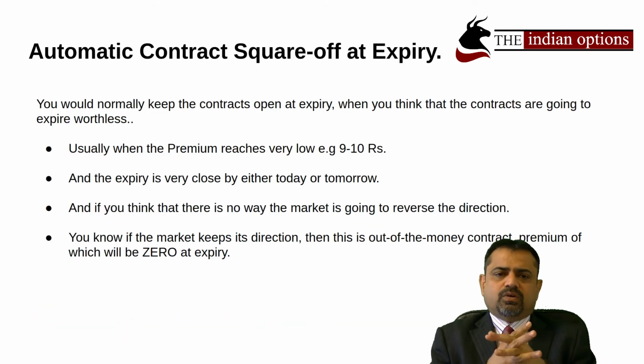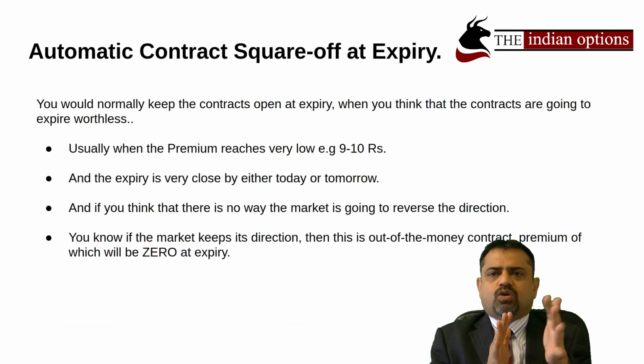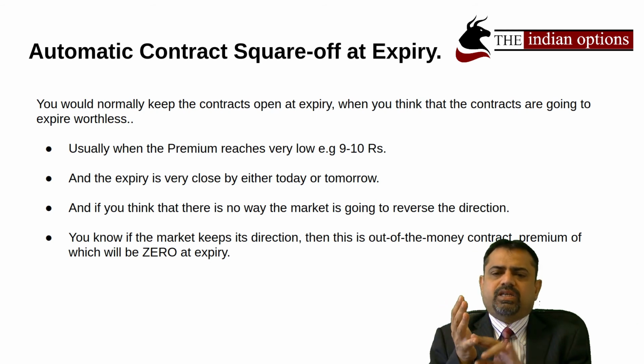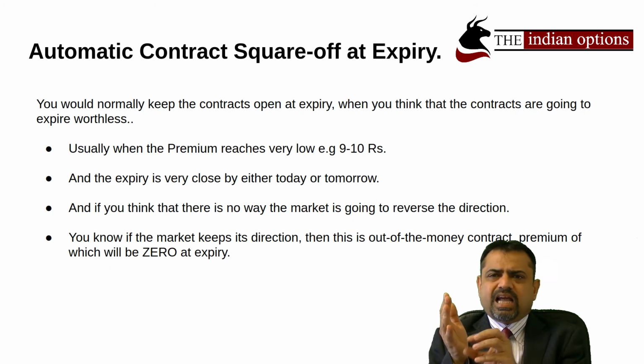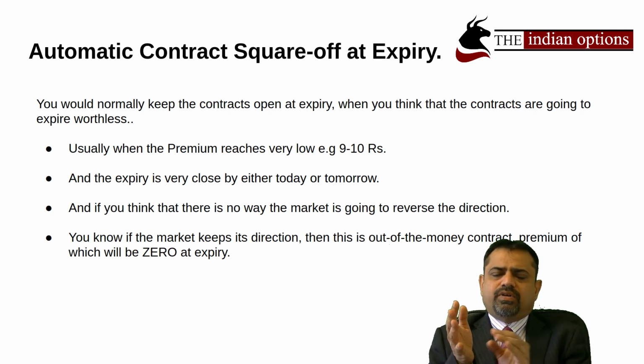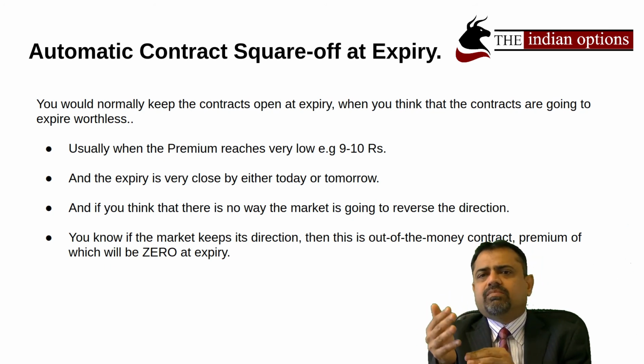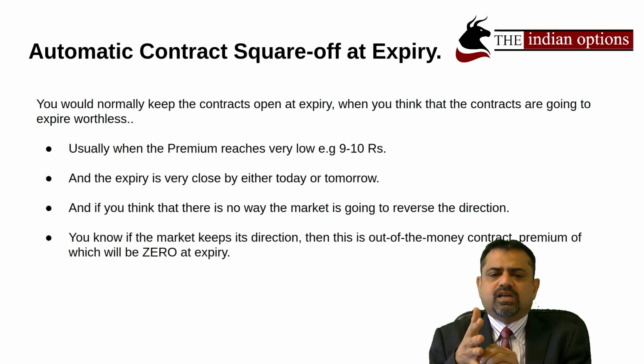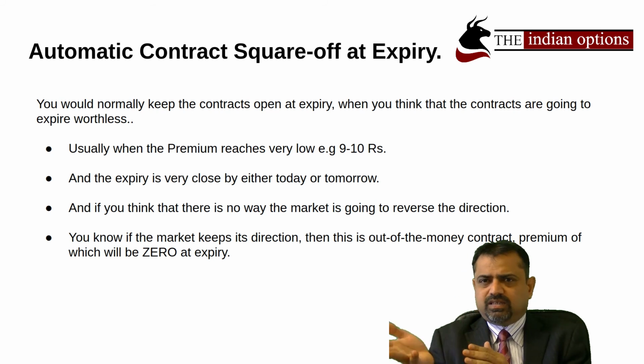Okay, and what happens at automatic square off? Normally you would keep the contracts open until expiry when you think the contracts are going to expire worthless. Usually when the premium reaches a very low level, like 9 rupees, 10 rupees, or when the expiry is really very close, maybe today, tomorrow or something, and if you think that there is no way that the market is going to reverse direction, you do that.